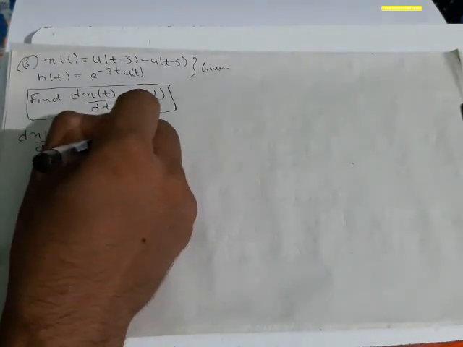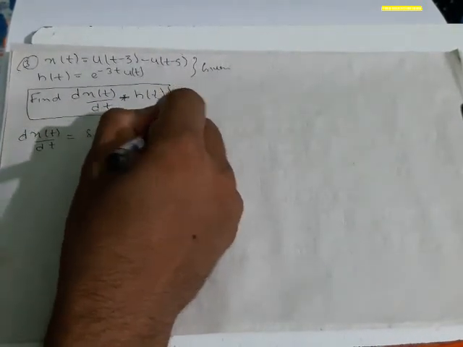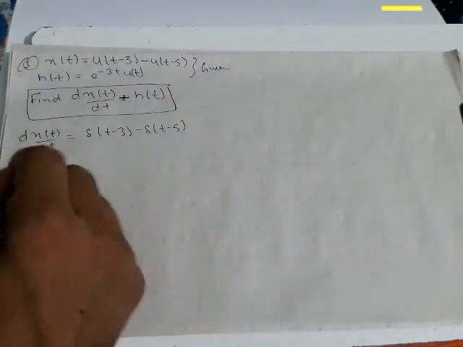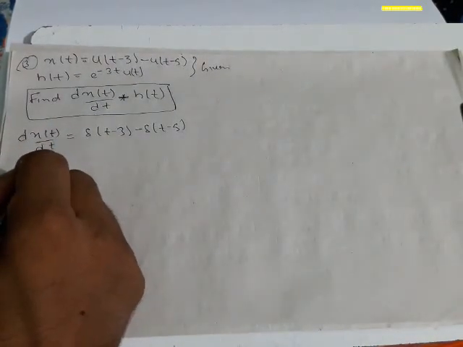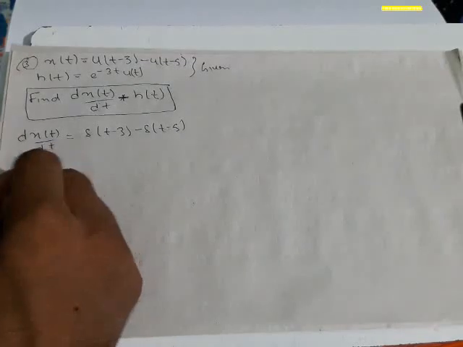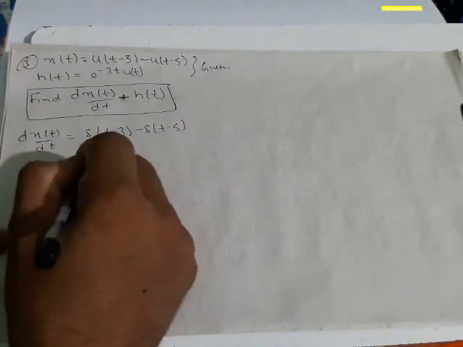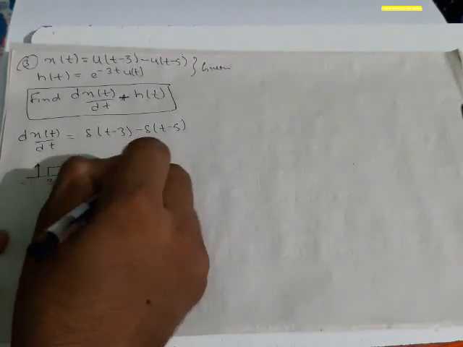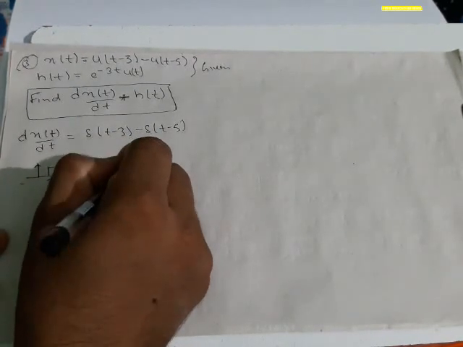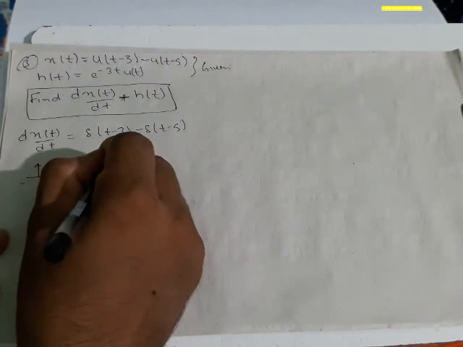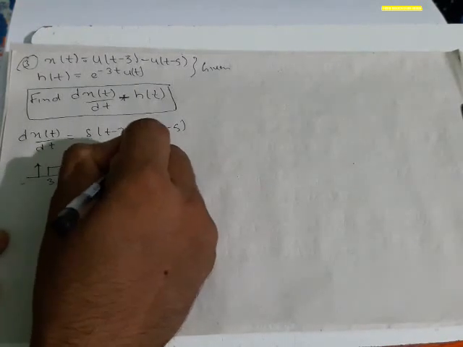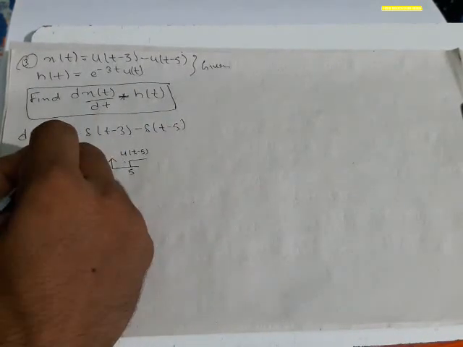So it comes out as exponential minus 3(t minus 3) into u of (t minus 3) minus exponential minus 3(t minus 5) into u of (t minus 5). So this is basically our answer.